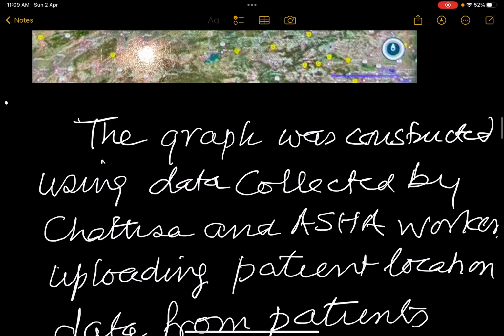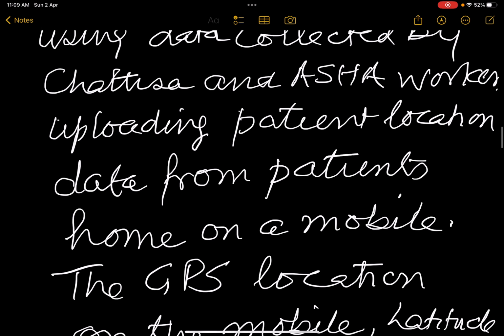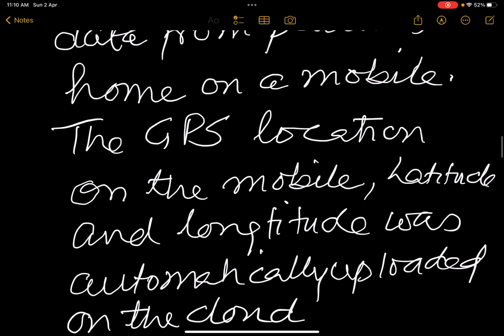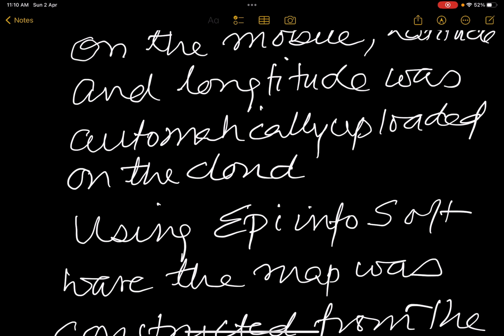The graph was constructed using data collected by ASHA workers who uploaded patient data on mobiles, and the mobile location from the patient's home was transmitted by GPS, and the latitude and longitude became automatically uploaded on the cloud and into the Excel sheet.